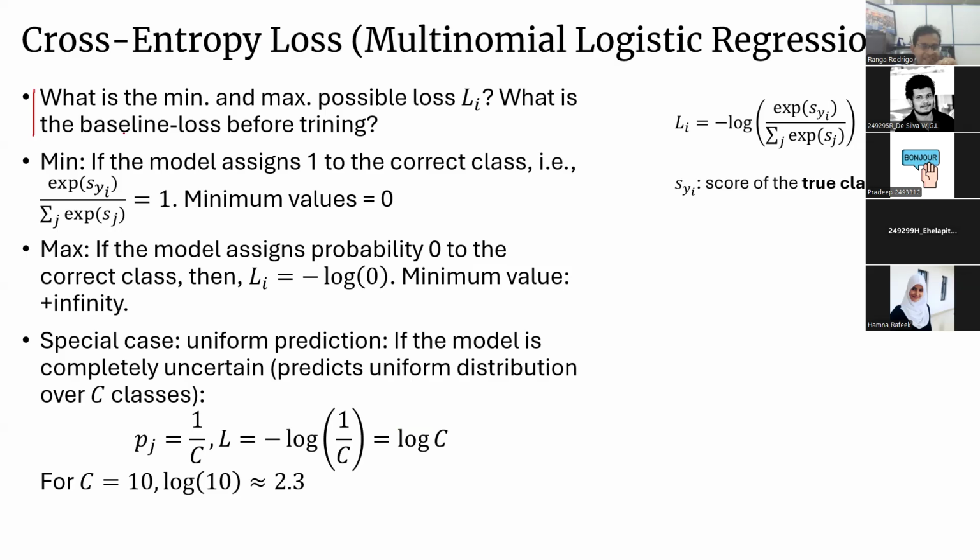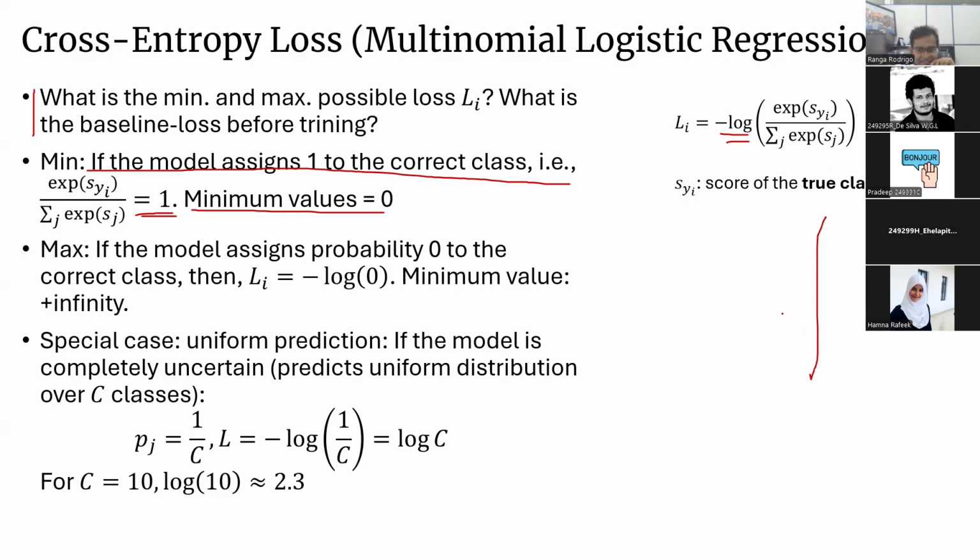Minimum possible loss happens when it is correctly classified, right? The model assigns 1 to the correct class. When the model assigns 1 to the correct class, the probability will be 1. Then the value will be negative log of that. Negative log of 1 is equal to 0.